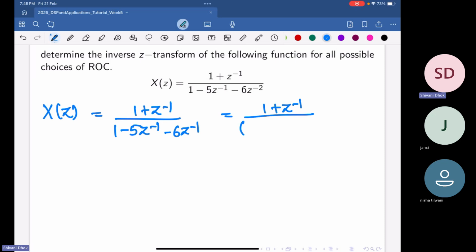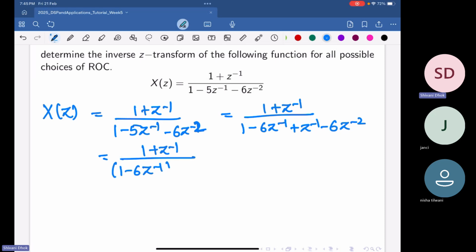So we will get 1 minus 6Z inverse plus Z inverse minus 6Z to the power minus 2. So therefore we have 1 plus Z inverse upon 1 minus 6Z inverse upon 1 plus Z inverse, which is equal to 1 upon 1 minus 6Z inverse.